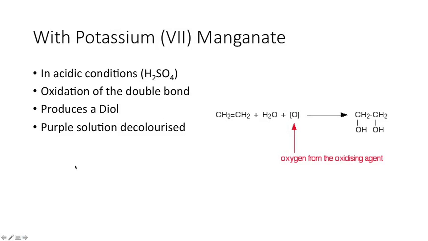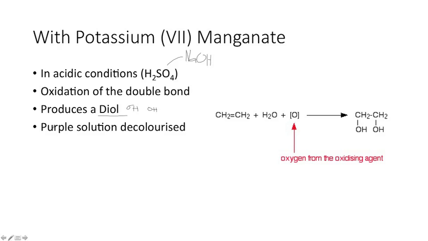So it'll also react with potassium manganate, and this will only happen in acidic conditions or with NaOH in some cases. It is the oxidation of the double bond. So this is an oxidation reaction, and it produces a diol, so 2 OH groups.